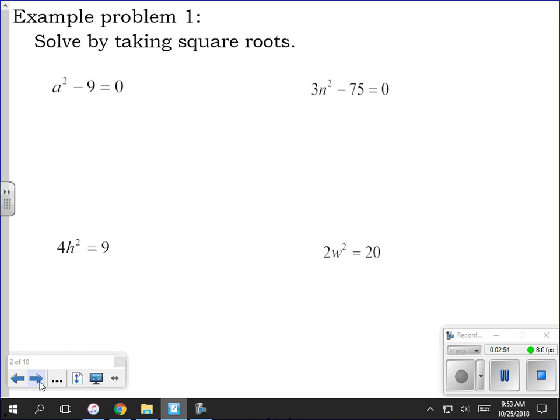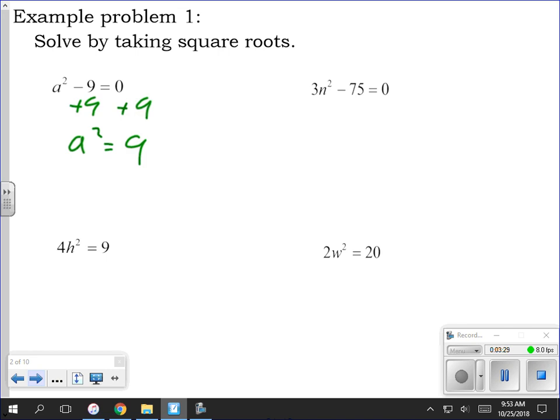Your first step is to get whatever term has the square in it, get that square by itself first. So my first step in solving this without factoring, and this actually works well with these particular types of problems, is to add 9 to both sides. a squared is equal to 9. Now, when I have my square equal to a number, and it's just the variable squared, I want to get the variable by itself.